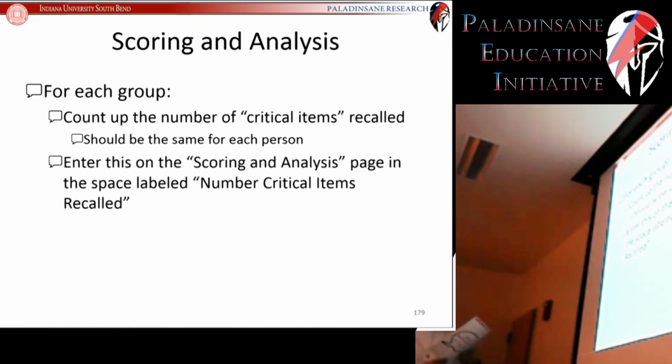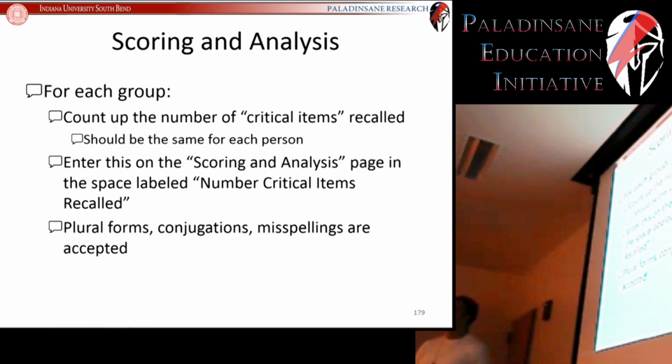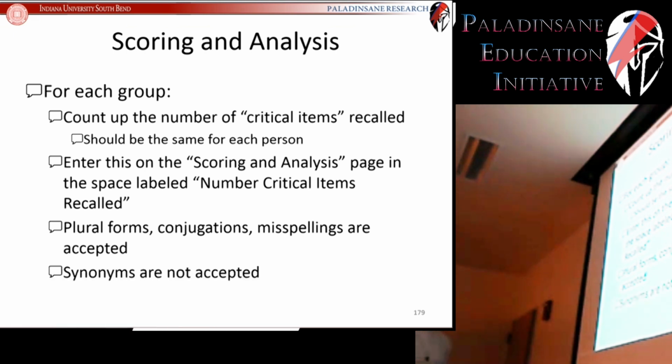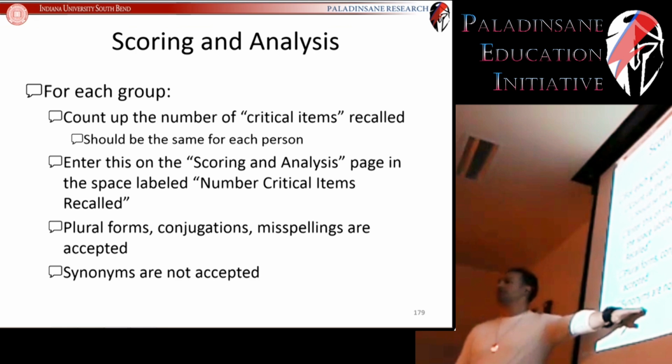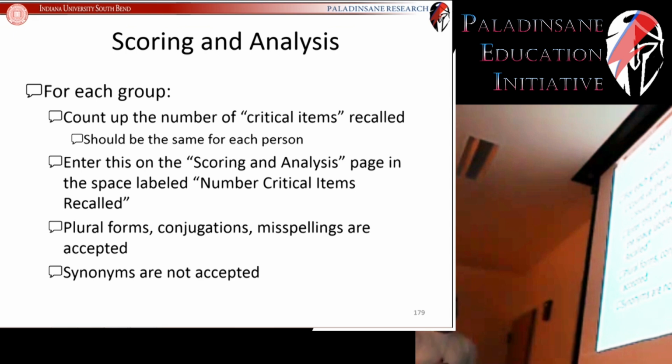You're going to enter this in the scoring and analysis page in the space labeled number of critical items recalled. And once again, plural forms, conjugations, misspellings of these critical items are accepted. However, for now, you can see why it's necessary that synonyms are not counted, because many of these words are synonyms for this critical word.